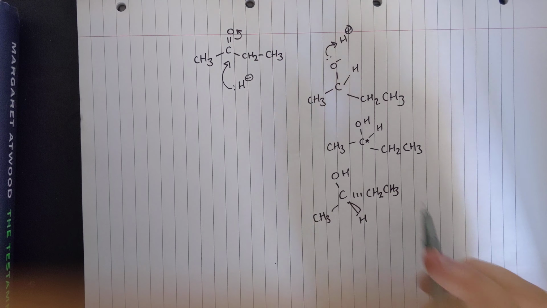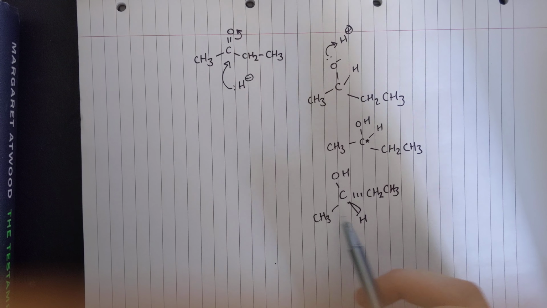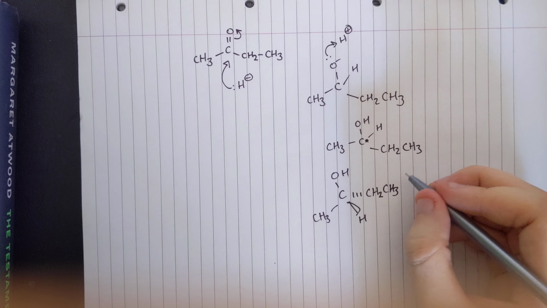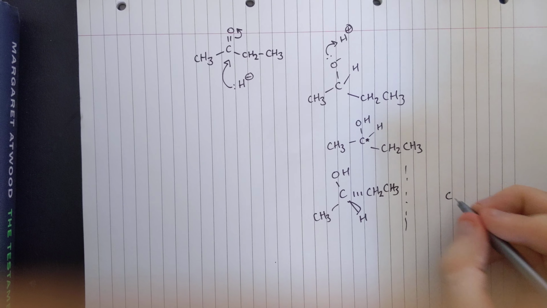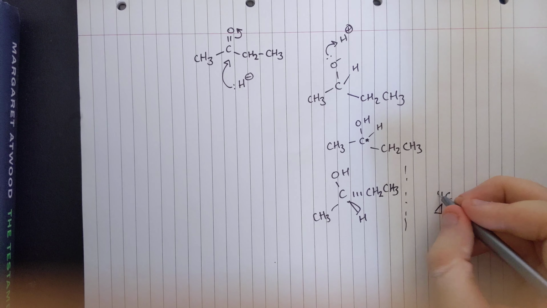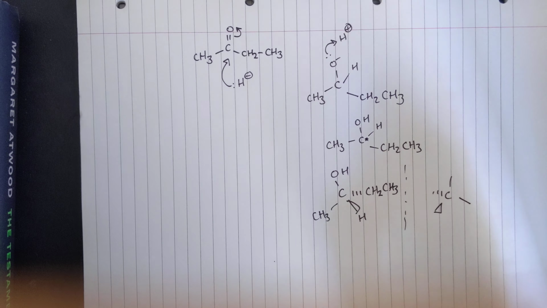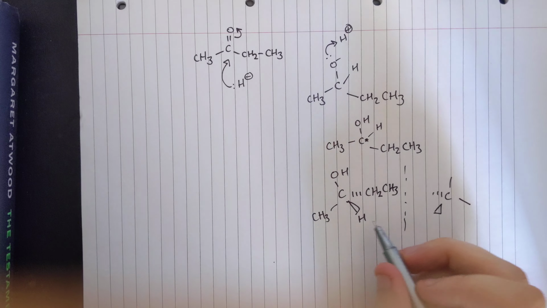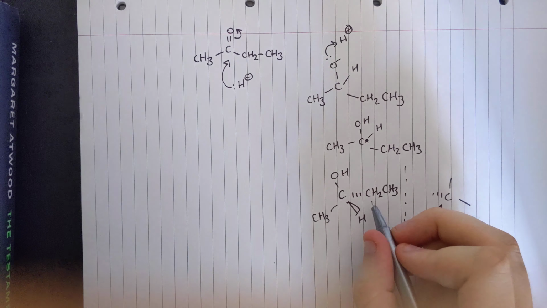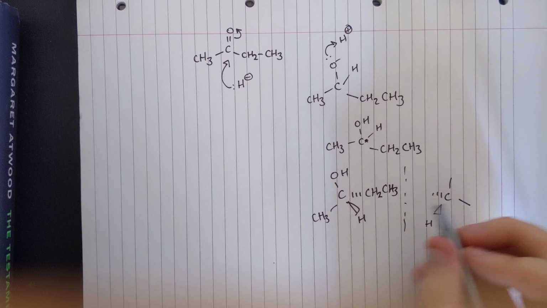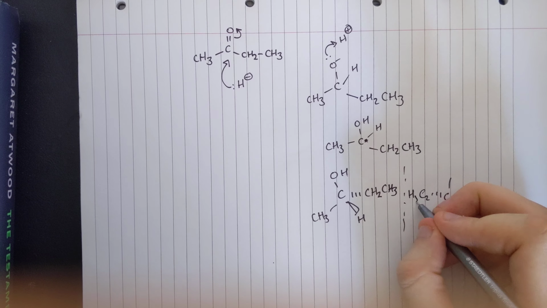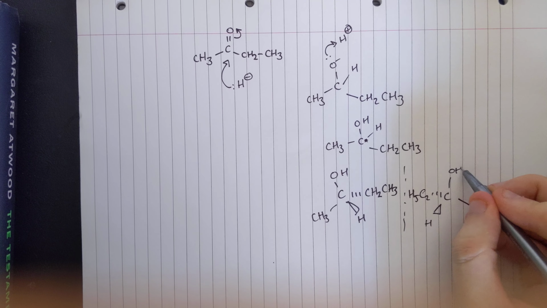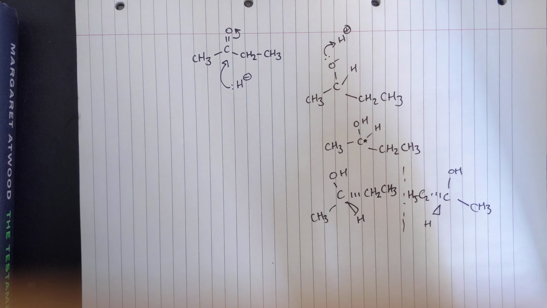I just put them all on in whatever order, but in that tetrahedral shape. And then I'm just going to mirror image that. So I draw the tetrahedral shape mirror imaged, and then I map across the groups. So the hydrogen goes over there. We've got the CH3, I'll do that C2H5. We've got the OH at the top and the CH3 over there.